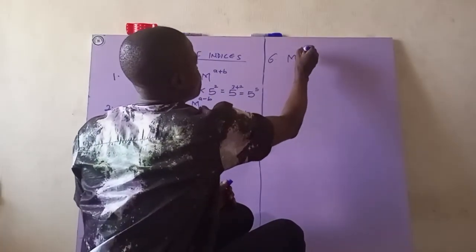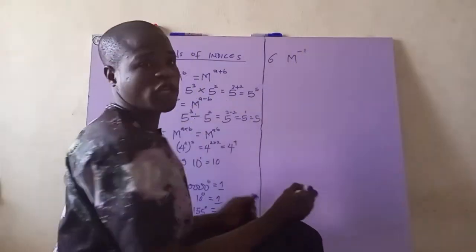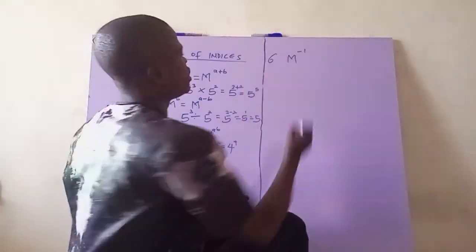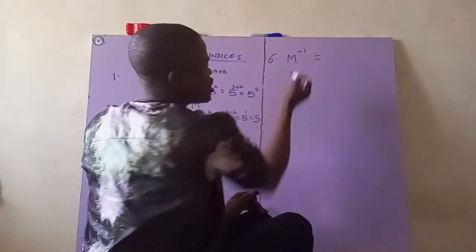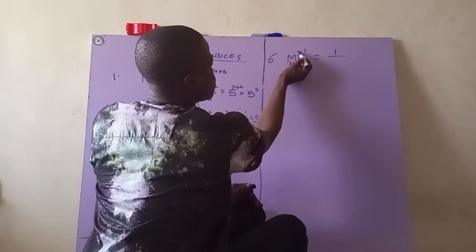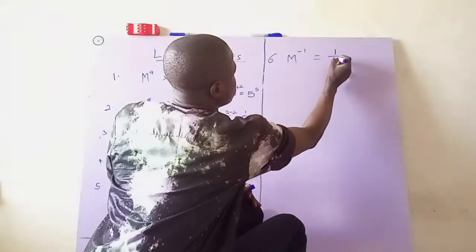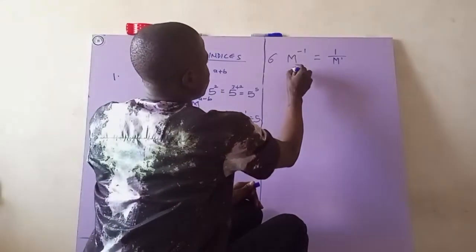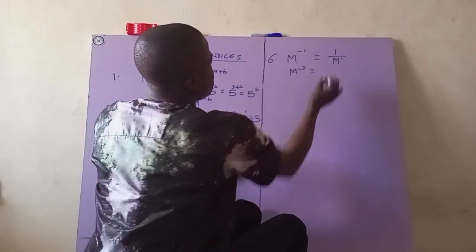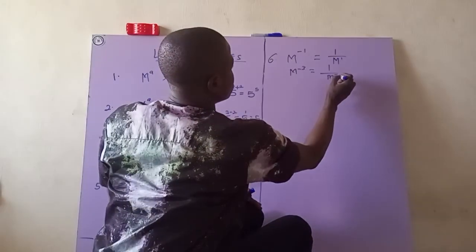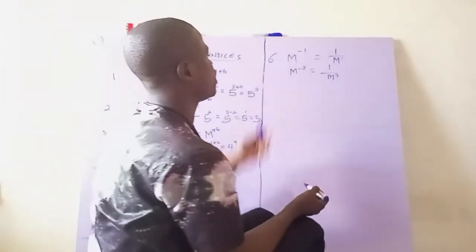Let's say I have m raised power minus 1, for instance. According to the law of indices, if I have m raised power minus 1, this simply means the minus will change to 1 over. So you have 1 over m raised power 1. This means if you have m raised power minus 3, the minus will change to 1 over m raised power 3. So let me give you an example under this one.